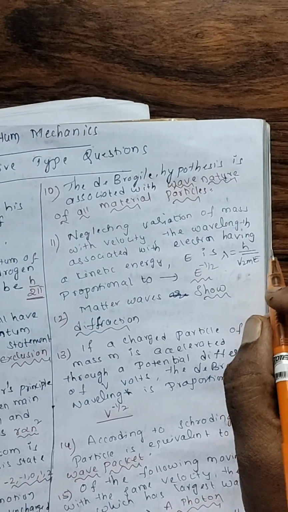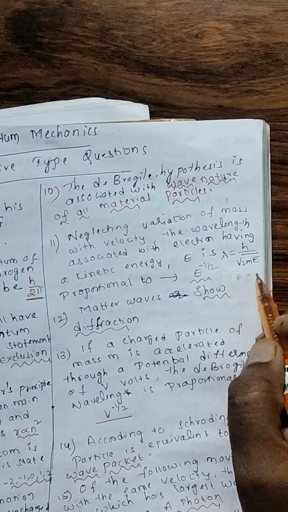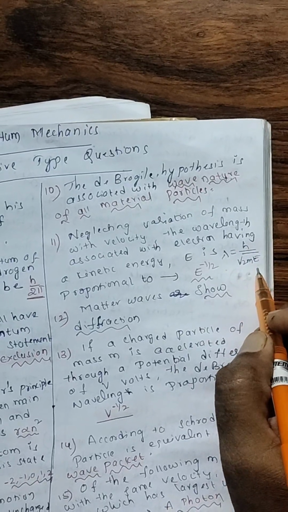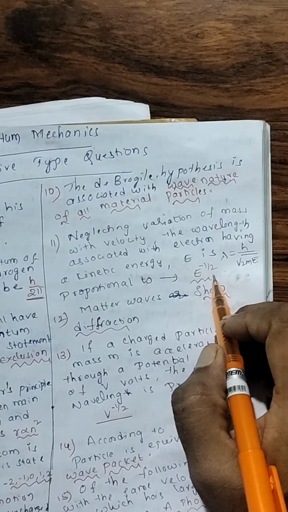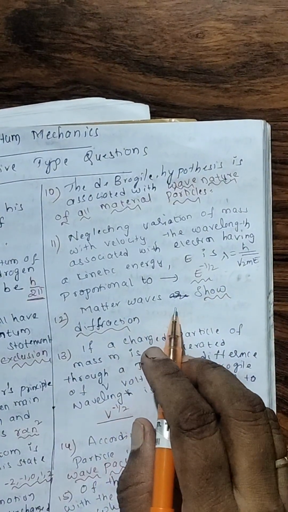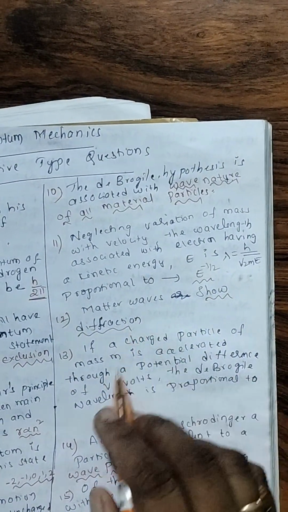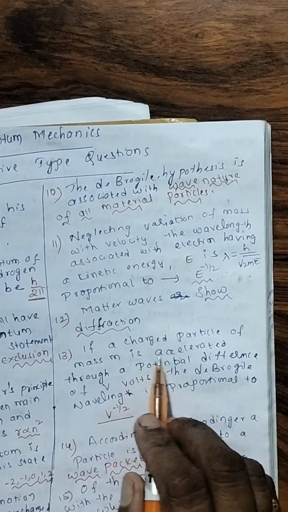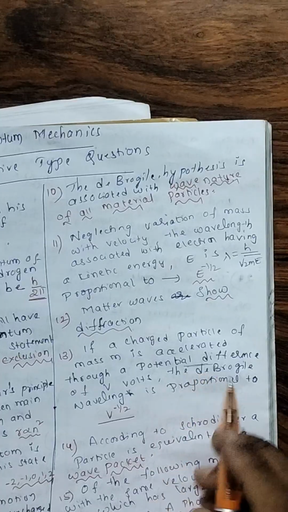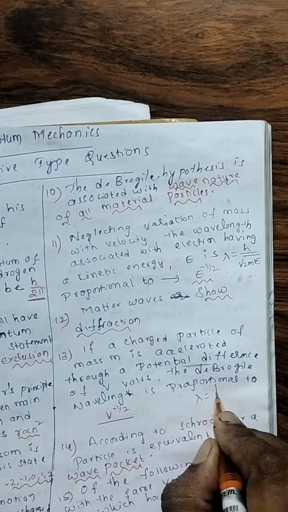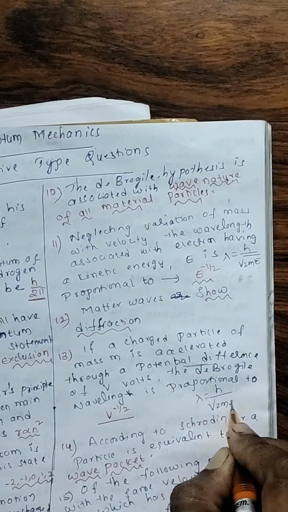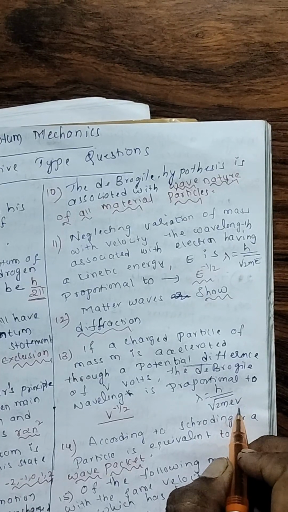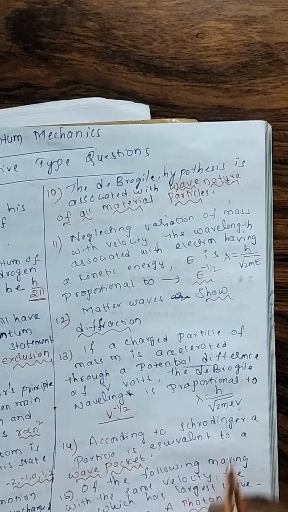So this is E to the power of minus 1 by 2. Now matter waves show diffraction only. If a charged particle of mass m is accelerated through a potential difference, then the de Broglie wavelength, how will we write? h by under root 2meV, means proportional to V to the power of minus 1 by 2.